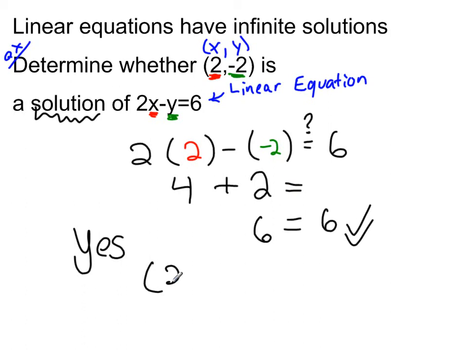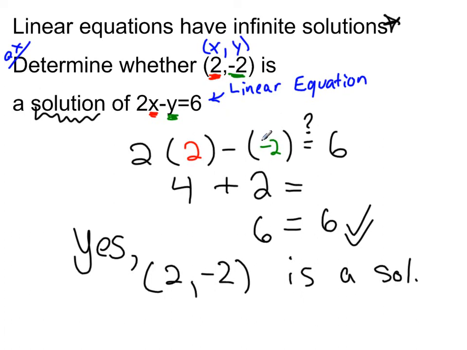This point (2, negative 2) is a solution. And I'm going to shorthand solution to SOL. So, linear equations have infinite solutions. Let's go back to that crazy statement we made earlier. That means there's a bunch of these points. I can't even list off how many points that we could plug into this equation and have it work out.